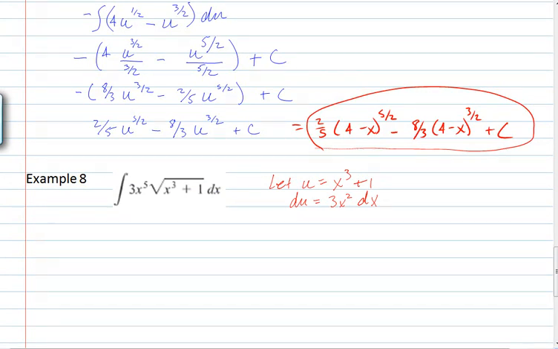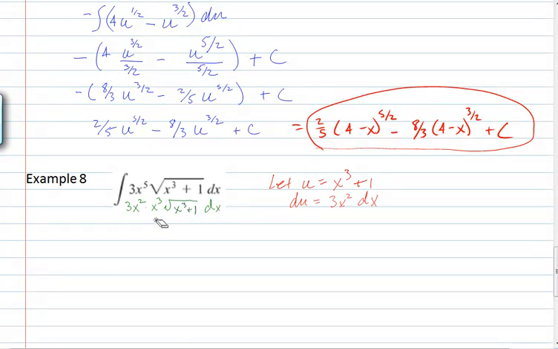What I have is 3x to the 5th. So I'm going to take out the 3 and the x squared with my dx. And what does that leave behind? x cubed square root of x cubed plus 1.